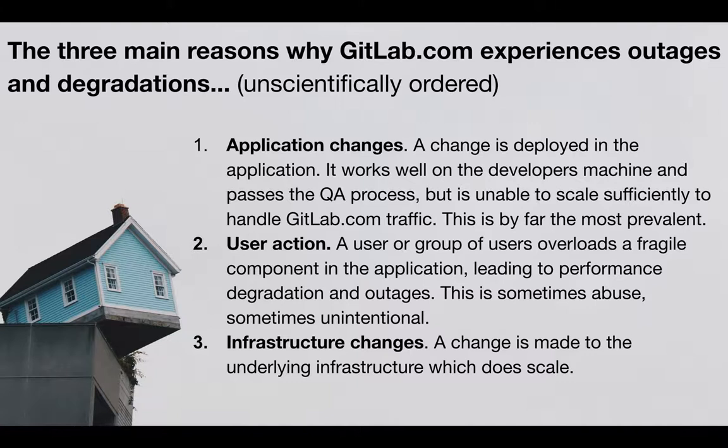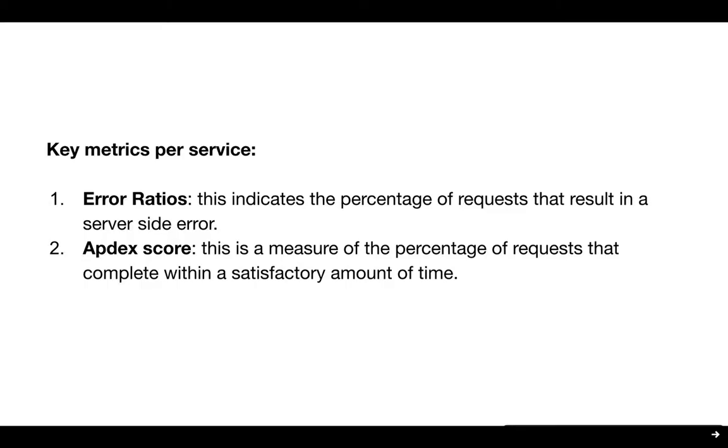So we might make a change to Postgres or Redis and then find out that due to some unforeseen circumstance, it doesn't work as we expected. And of course, there's a long tail of other issues, including cloud provider related issues, etc. But these are the three main categories of issue that we've had to deal with up to now on GitLab.com.